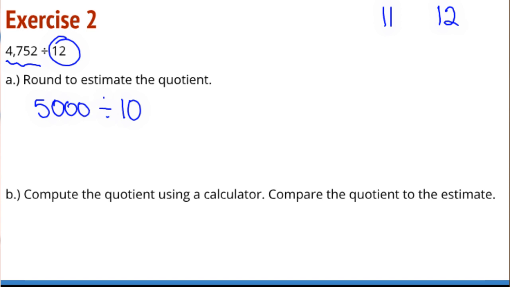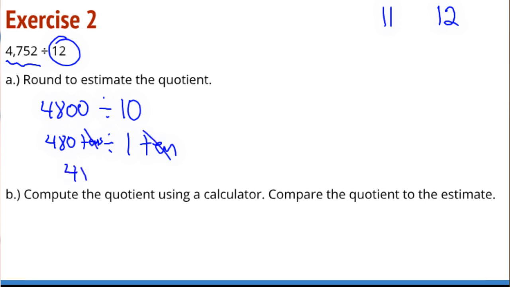I could also say that it's pretty close to 4,800. So I'll get a little bit better with my rounding here. Thinking about my units, this 10 is 1 ten, and the 4,800 is 480 tens, so my tens will cancel out, and I've got 480 divided by 1. So I've got an estimated quotient of 480.